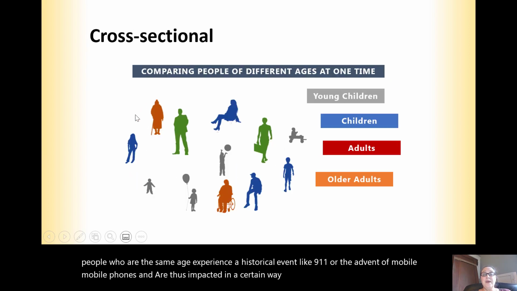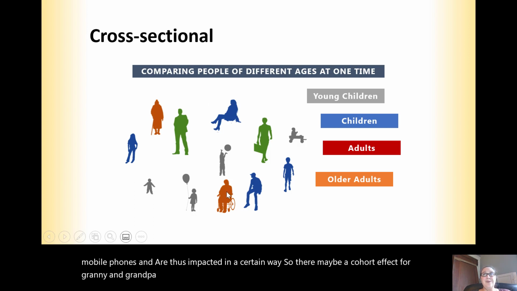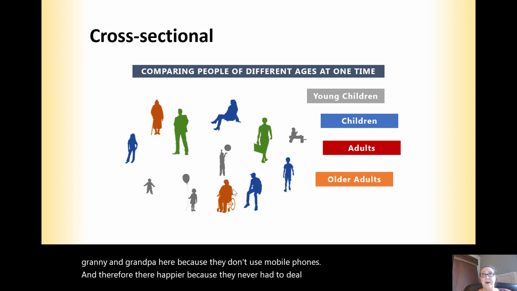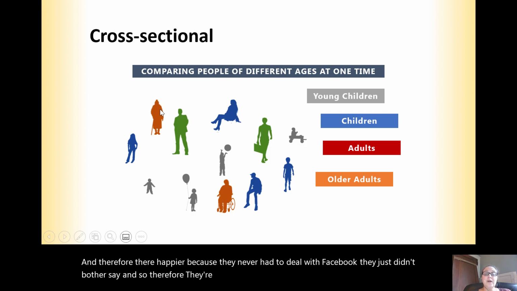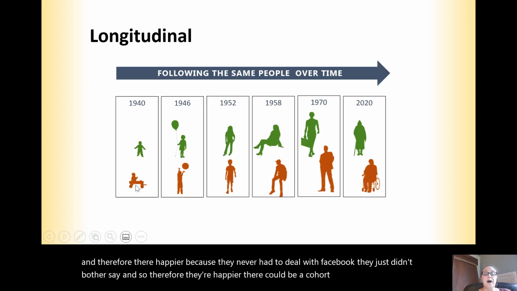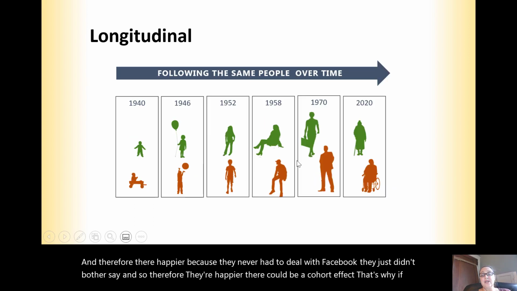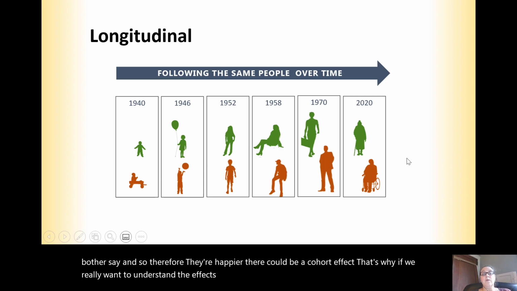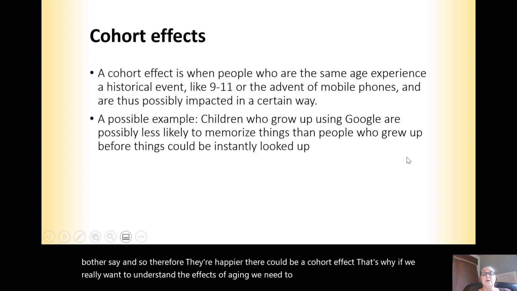So there may be a cohort effect for Granny and Grandpa here, because they don't use mobile phones, and therefore they're happier because they never had to deal with Facebook. They just didn't bother, say. And so therefore they're happier. There could be a cohort effect. That's why if we really want to understand the effects of aging, we need to do longitudinal research.